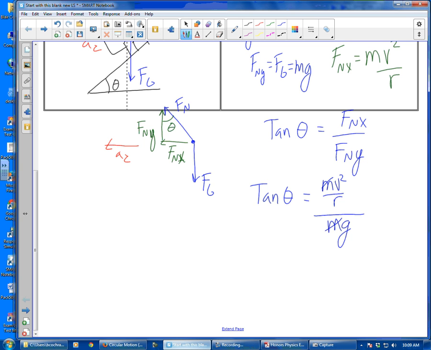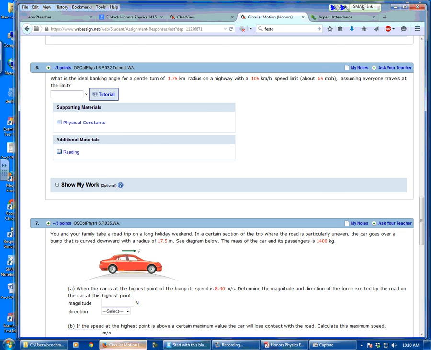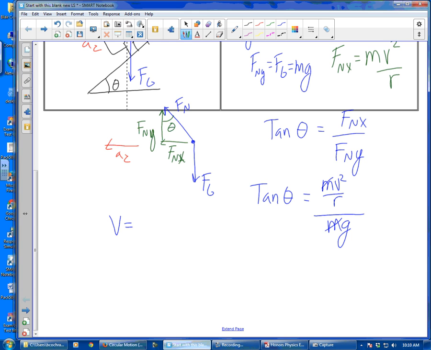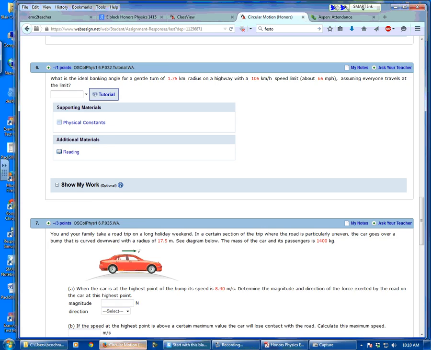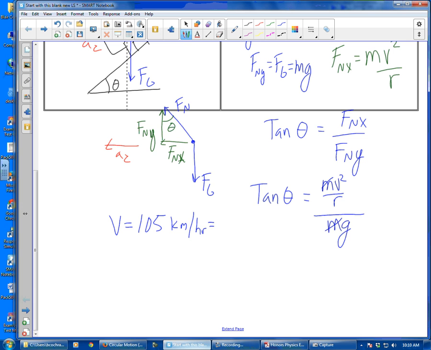Remember, I can show you how to use side tools in your calculator. Remember how to do that? You want your velocity, like mine right now is in kilometers per hour, right? I have 105 kilometers per hour. I want to get that into meters per second.